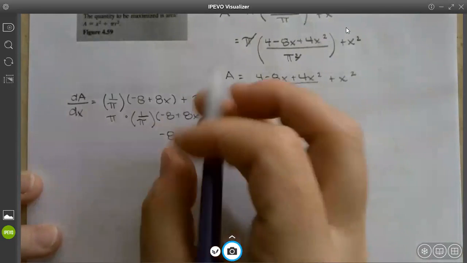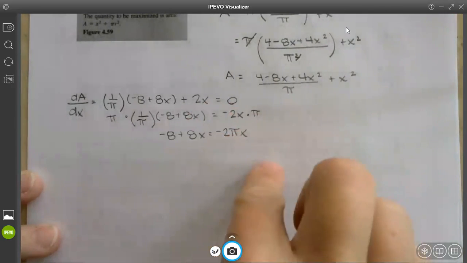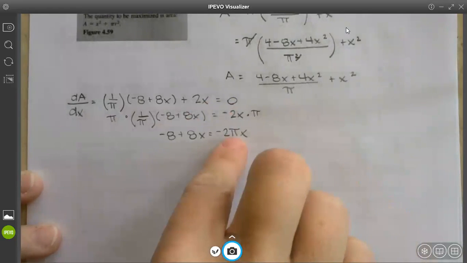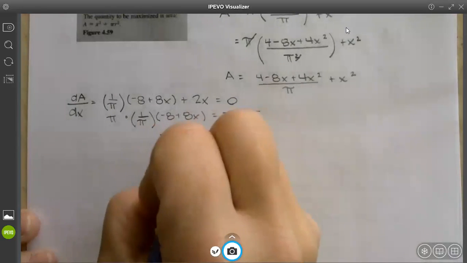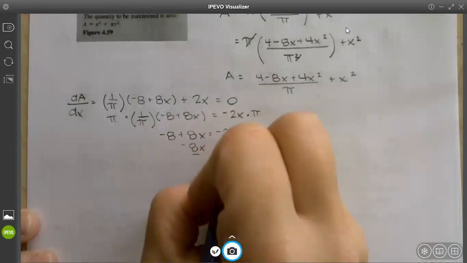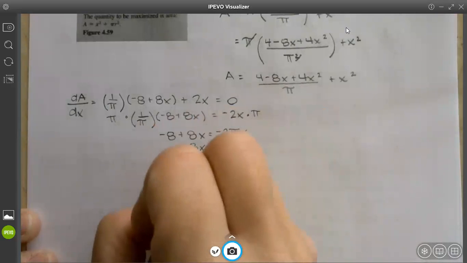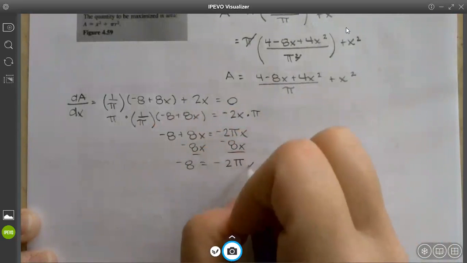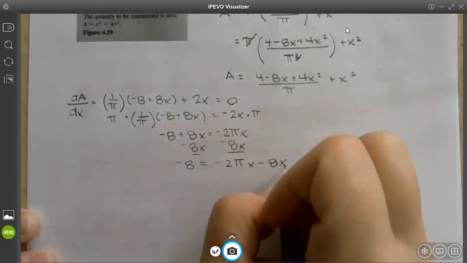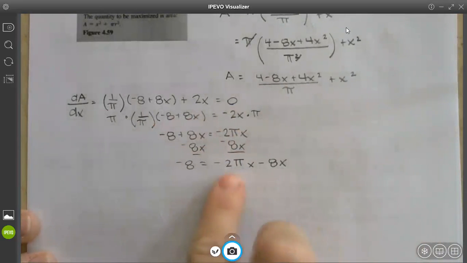Add 8. I'm going to put my x's together. Remember, pi is just a constant. So this is like -6.14. Don't stress out about it. It's not really 0.14, but y'all get the point. So this is just a number. I need to get my x's together, so I'm going to subtract the 8x. So I get -8 equals -2 pi x minus 8x. How can I fix this?